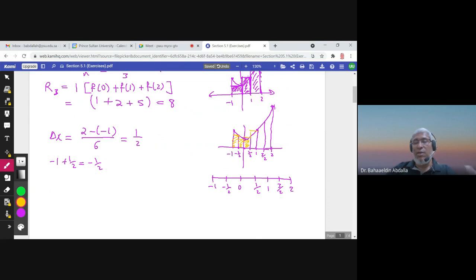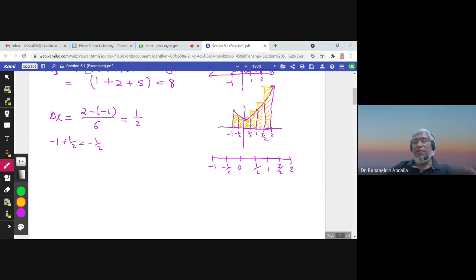This is the fourth rectangle. This is the fifth rectangle. And this one is the last rectangle, the sixth rectangle. We have six rectangles, okay? And again, we need to find this time R6.